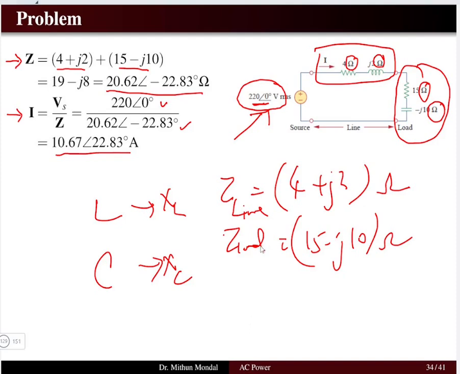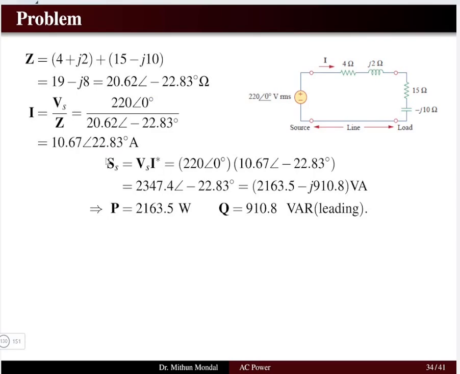So we have obtained the total impedance and the net RMS current, and the net RMS voltage is already given to us. The source power is basically the complex power: the complex value of the RMS voltage with its angle, multiplied by the conjugate of the current.